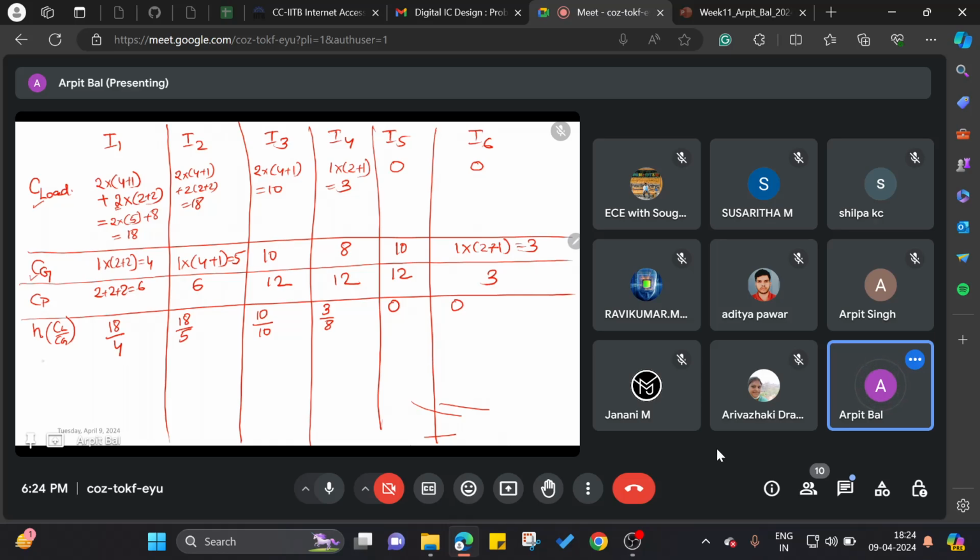Okay. Now what will be G, the logical effort? What is the formula? Input gate capacitance of the gate to the input gate capacitance of the reference inverter having the same drive strength. Correct, exactly. So that's the important point, having the same drive strength.